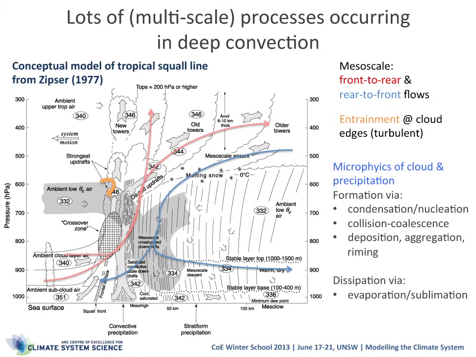This is a conceptual model of a tropical squall line from Zipser in 1977. I just put this plot up there to give you an appreciation that there are lots of multi-scale processes occurring in deep convection. You've got your new towers, there are strong updrafts, your newest cells, which reach high up into the troposphere.